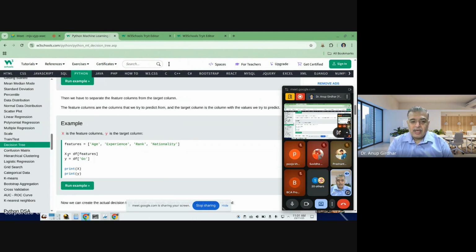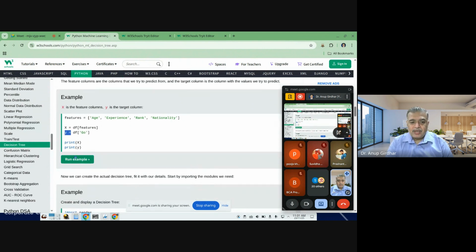That is why we kept everything in x and y columns, like x is the features of df. From that df, where we already have a data set, we fetch the features of only these four columns into x, and then the fifth column, go, we kept in y.